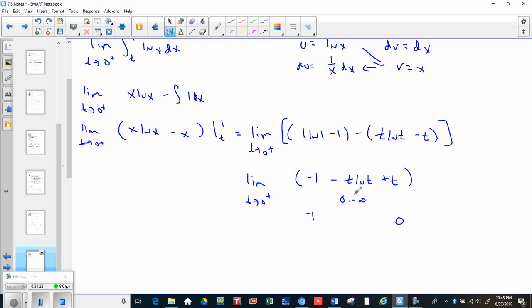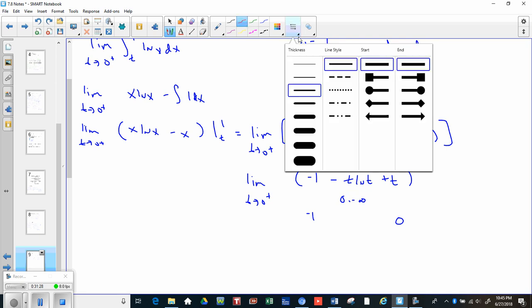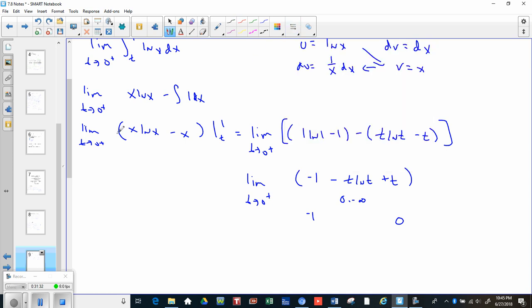So we need to rewrite this somehow so that we can use L'Hopital's rule. Well, t ln of t could be rewritten as the natural log of t over 1 over t.